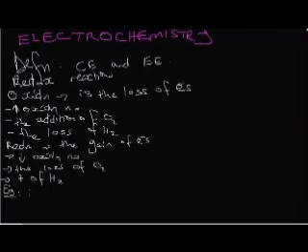The sodium atom gives away an electron and undergoes oxidation. So we are going to write our reaction as sodium loses an electron, and in the process we form the sodium ion plus an electron.